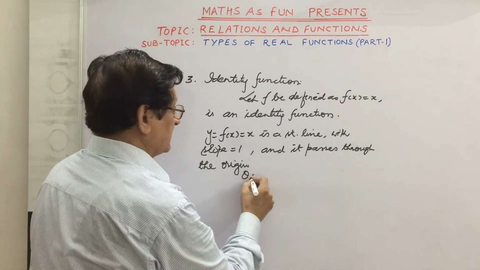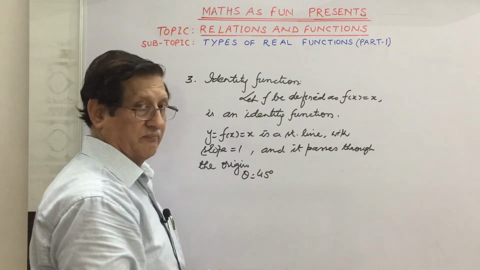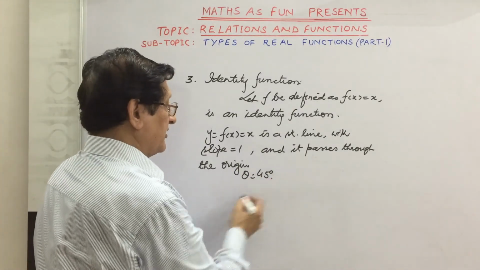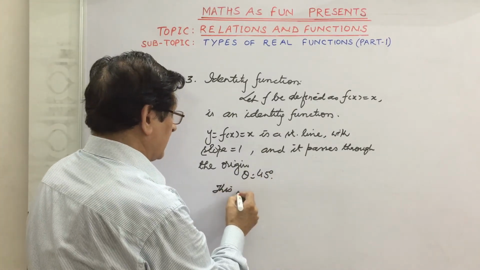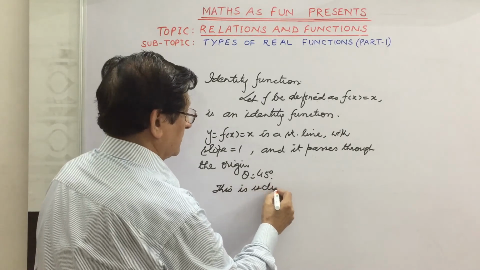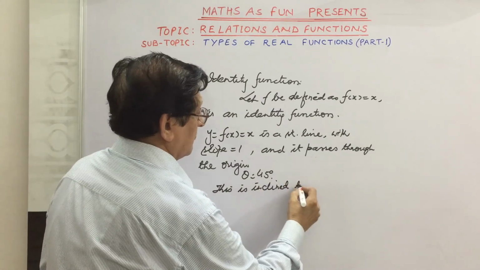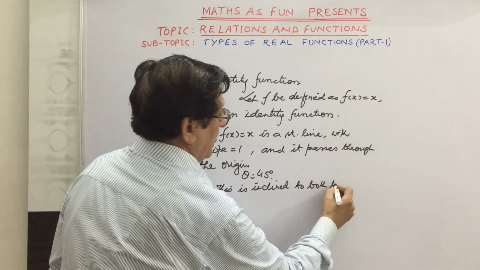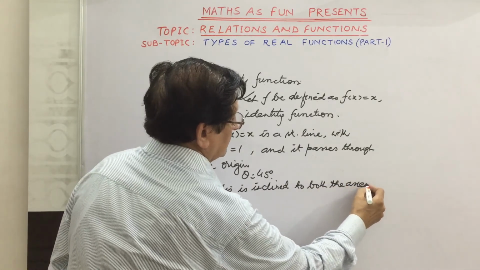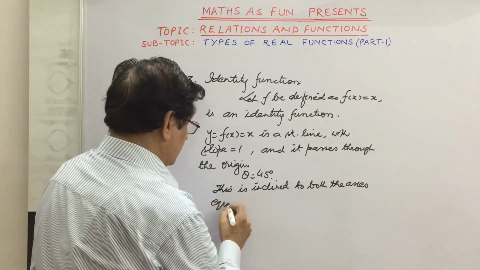It means theta is equal to 45 degrees, and if theta is 45 degrees, it means this is inclined to both the axes equally.